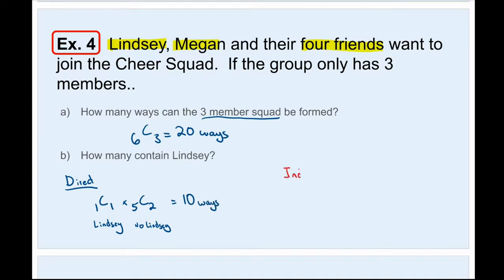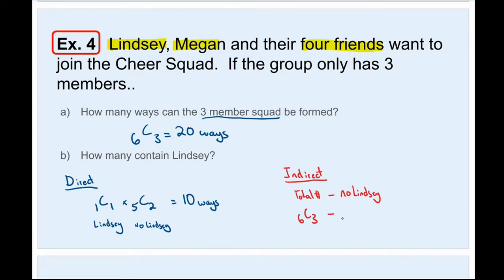The indirect way looks at the total number of ways minus how many ways with no Lindsay. So total number of ways, we've already found that. 6, choose 3 minus how many ways with no Lindsay.